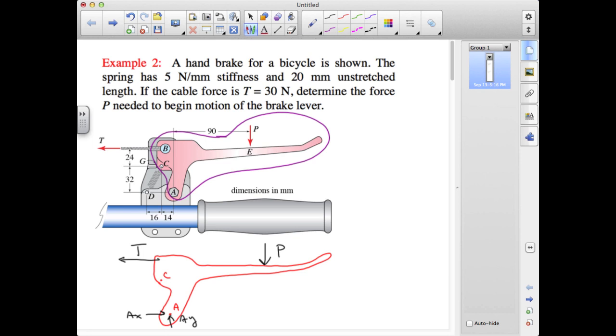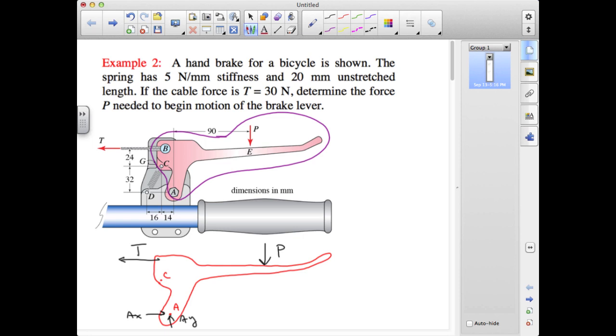And if we just look at the dimensions that are shown in the figure, with a stretched length that has a component of 32 millimeters in Y and 16 millimeters in X, whatever that stretched length is, it's going to be the square root of 16 squared plus 32 squared. It's going to be greater than 20 millimeters. So this is in tension. It's pulling C in such a way that it's pulling it against the stop. That's what we want it to do. So we're going to show it in tension.